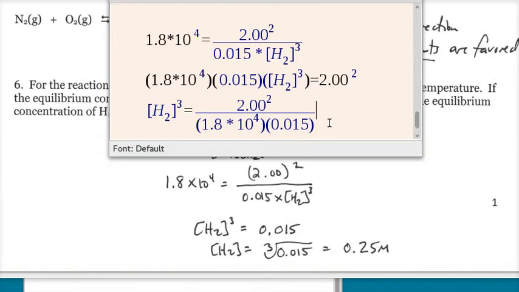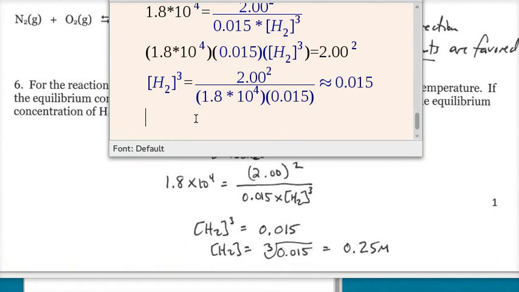And it just coincidentally happens that this number is approximately 0.015. Has nothing to do with the fact that that's in the denominator, in case anyone was wondering. So from there you have this, do the cubed root, and you have an answer.